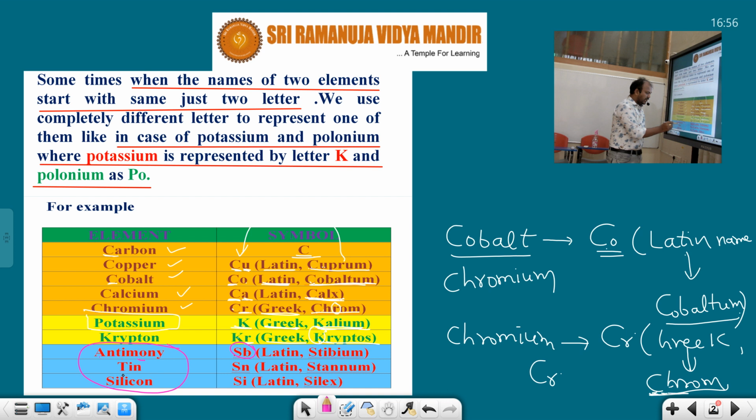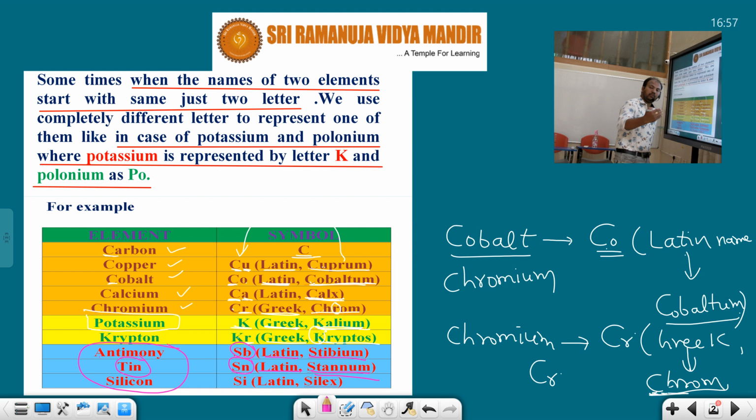Antimony and tin, observe that these two are derived from Latin words. Sb is called stibium, and Sn is stannum. The first letter is S, and sometimes the second letter or any prominent letter is taken. Here the prominent letter taken is B. So S, B. This is stibium.